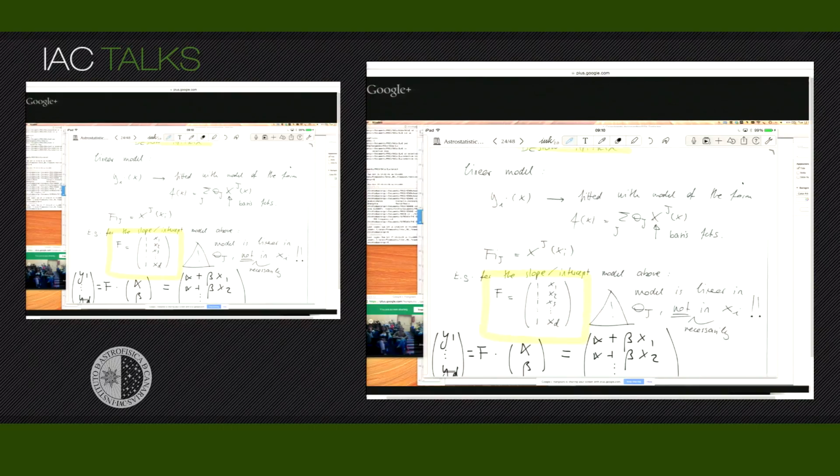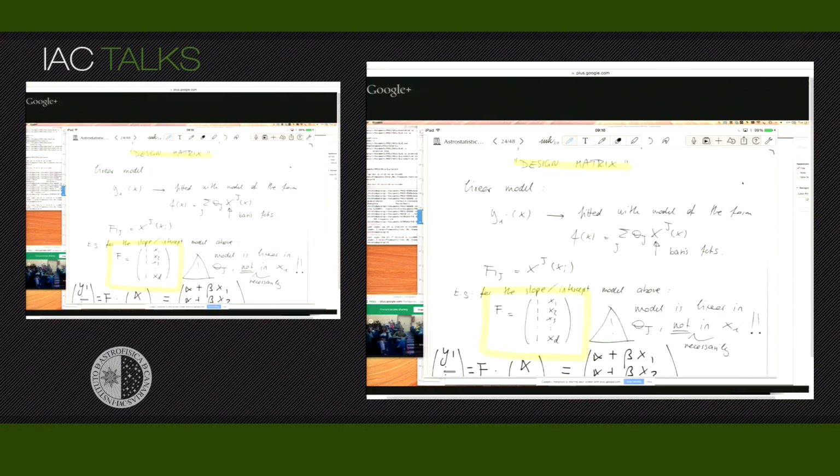So in the linear model, the important thing to remember is that what we want to fit is a function f of x, which is linear in the parameters. It's linear in theta, but the basis functions, the functions that the thetas multiply, need not be linear in x.